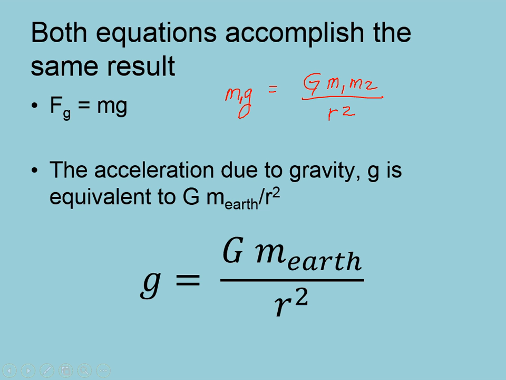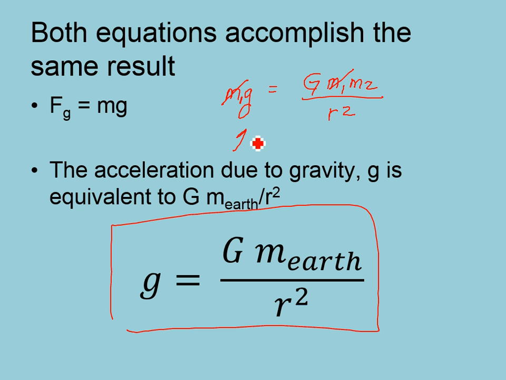So when you cancel, your m's go away, and here's how we get our final result. We have the acceleration due to gravity is the gravitational constant times the mass of, it could be the Earth, it can be any other planet or moon, divided by r squared.